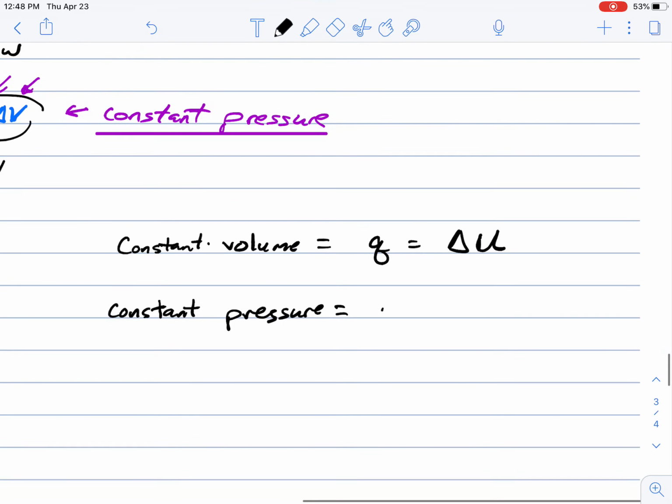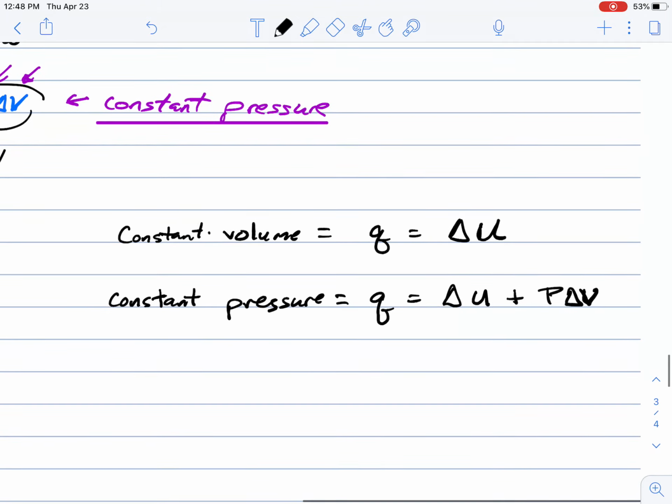Therefore, heat under constant pressure is going to be delta U plus P delta V. Notice that the definition for heat, Q, is different under different conditions. So we're going to put a subscript here, QV, to represent constant volume, and QP to represent constant pressure.